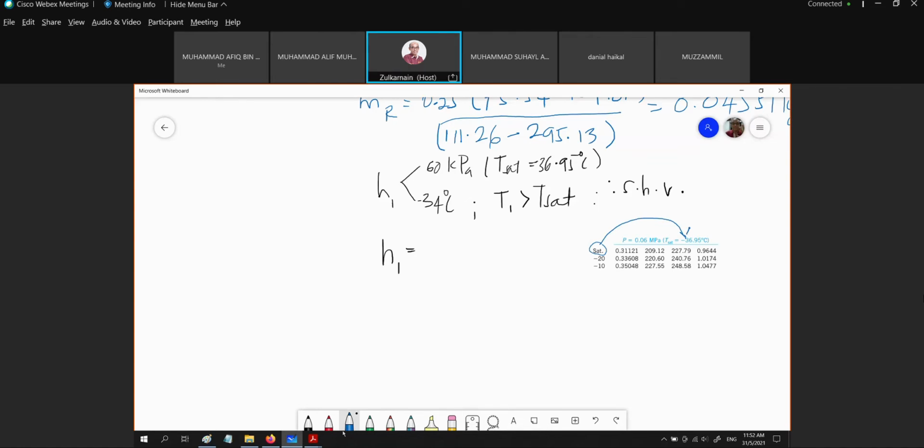So where is our minus 34? Minus 34 is at this slot, in between minus 36.95 and minus 30. Okay? So the value of enthalpy that we want is this.